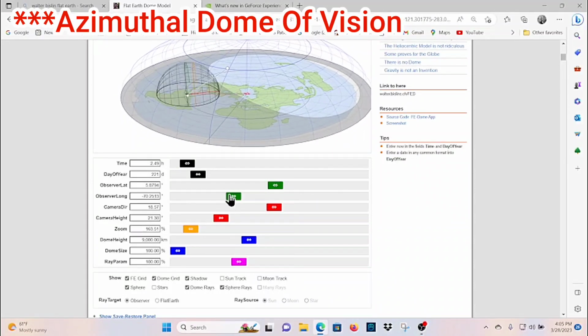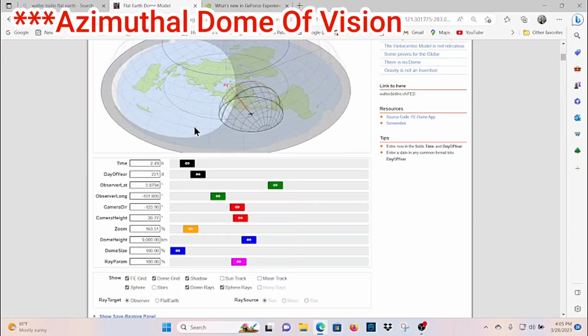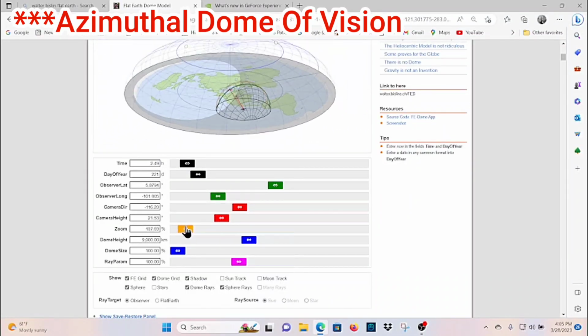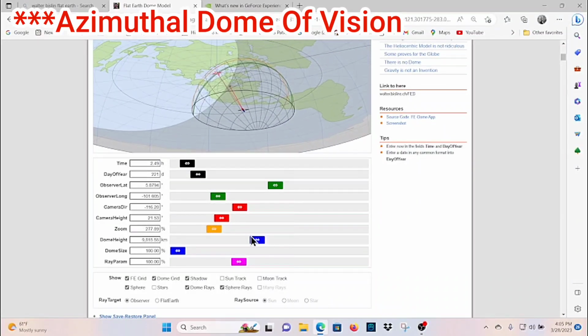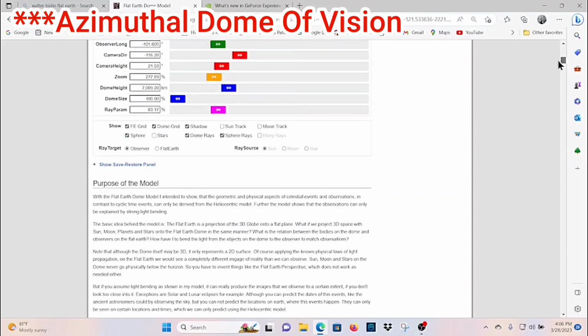This moves the east and west. That just rotates it, but you can rotate it like that. And then this one tilts it. Zoom in, zoom out. Makes the dome higher or lower. You can change the dome height, dome size, and I don't know what that does. Anyway, but yeah, that's what that does.